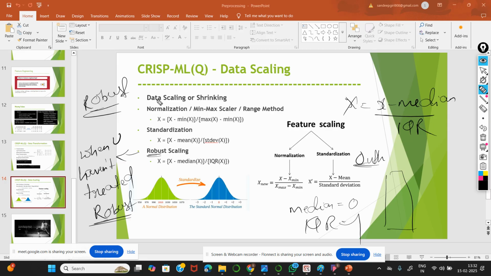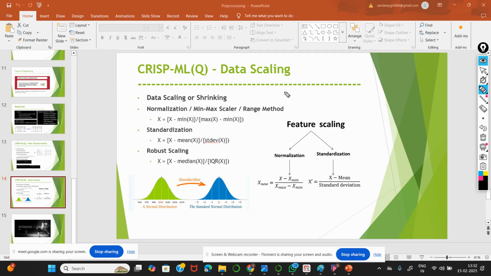Remember one thing, these three techniques won't be changing the shape of your distribution. The shape will not change, only the values change and shrink. The shape remains as it is, it will not mess with the shape, it will simply change your values. So three things you need to remember: if you are using normalization, your range would be from 0 to 1.